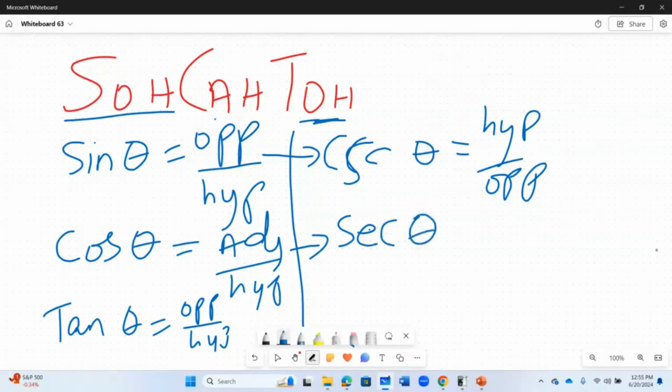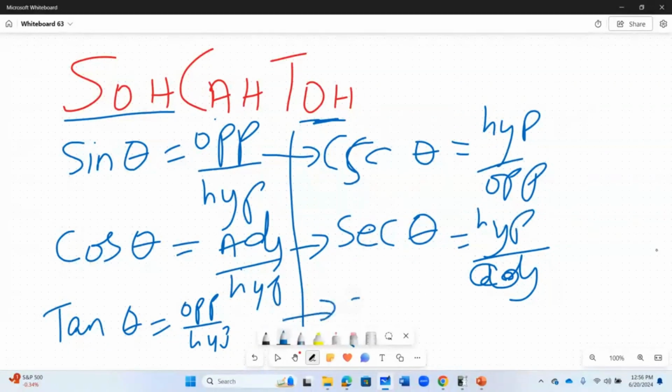And secant of theta is the reciprocal of adjacent over hypotenuse. So now I can say hypotenuse over adjacent. Also, tangent has a brother called cotangent, and I'm going to just call it cot.